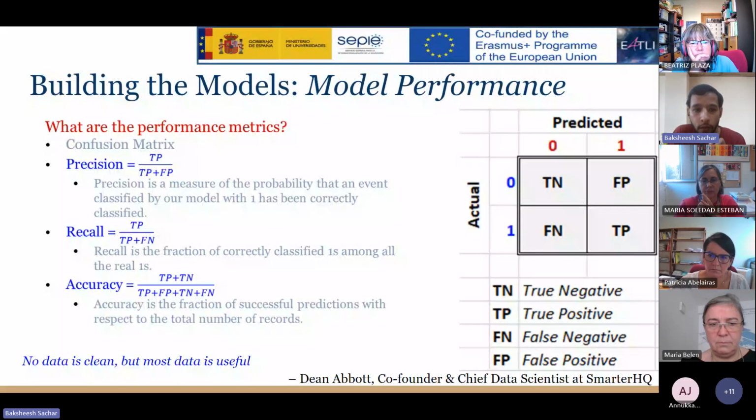Moving on, the last and a very important metric is accuracy. Accuracy is basically how successful our predictions are with respect to the total number of records. For example, I'm training my data on 80 images, and the rest of the 20 I'm using for the machine to predict. Out of those 20, is it able to predict 10, 12, 13, 14, 15?